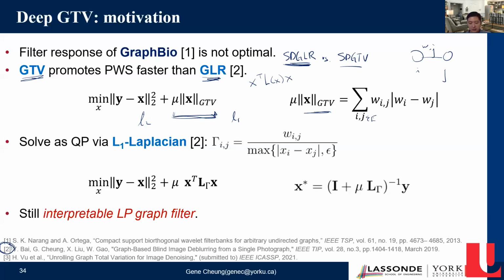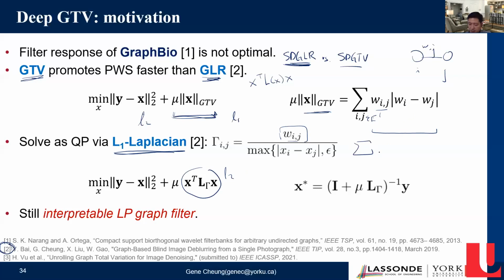So what we did is actually a very simple trick. Basically, we define a new Laplacian called the L1 Laplacian, which is the original weight divided by the absolute value of xi minus xj. So what that means is that when you multiply this out, you have a factor on the bottom that you can write as an L2 norm, so that you have a square.